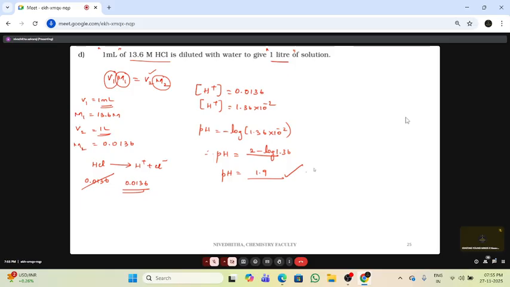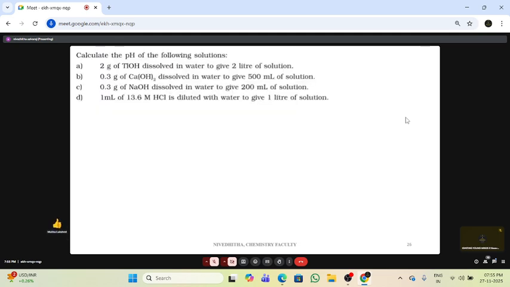Shall we move on to the next question? Yes, ma'am. Okay, so we are done with the second and fourth questions already, and I want you to do the first and third questions as an activity. Here the first question: 2 grams of thallium hydroxide, which is a base, is dissolved in water to give a 2-liter solution, and they're asking us to calculate pH.